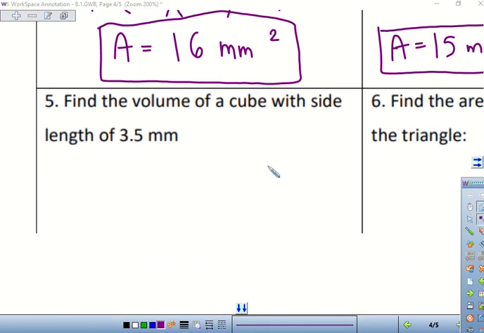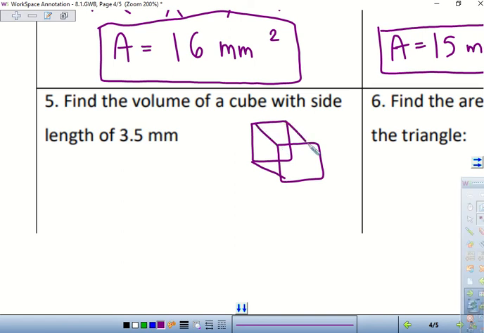This one says volume of a cube with a side length of 3.5 millimeters. So if we have a cube, draw a sketch of a cube. One side is 3.5. What do we know about a cube in general? What are all the sides? Not different, but the same.